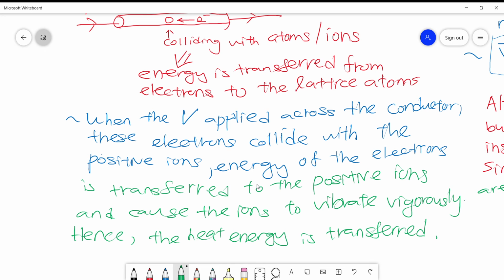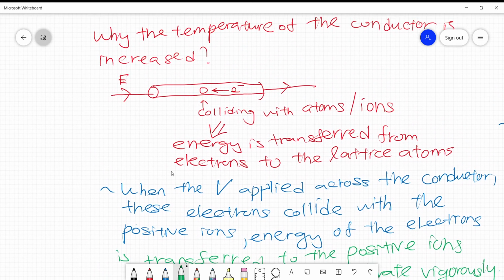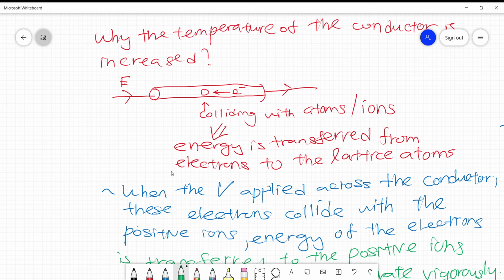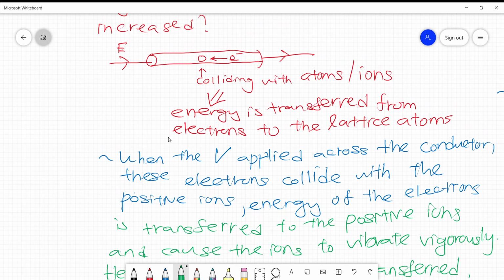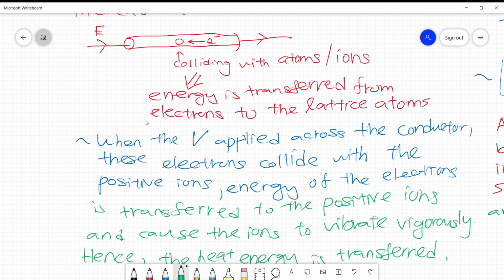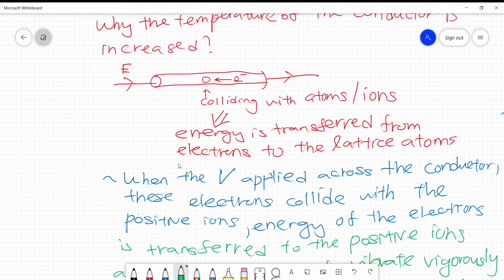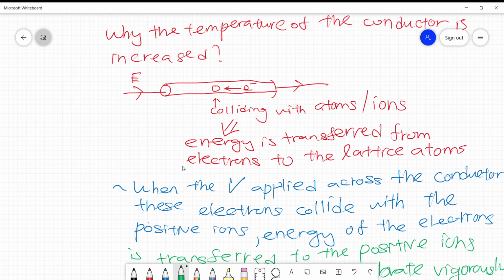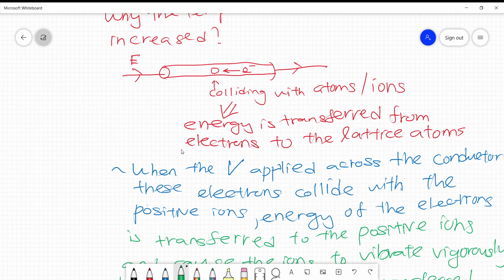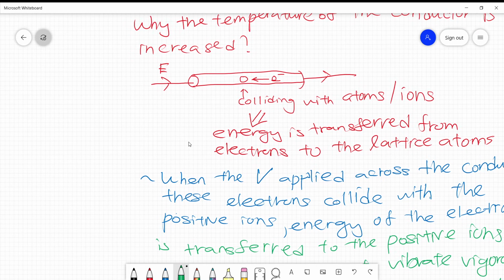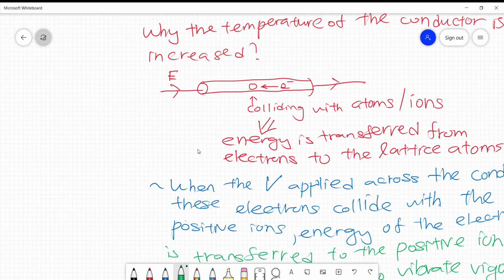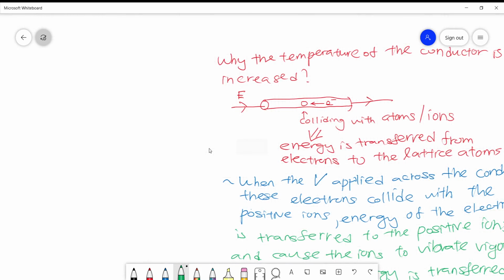This is the reason why the temperature of the wire increases when the current is allowed to flow. I should say that after a few minutes, the temperature of the wire will eventually increase. Alright, so we have done this subtopic.